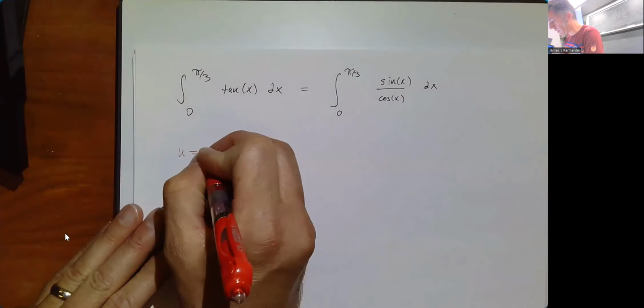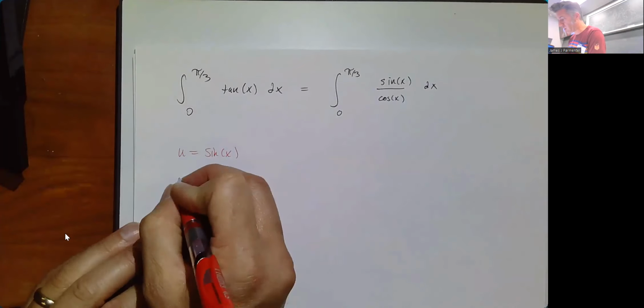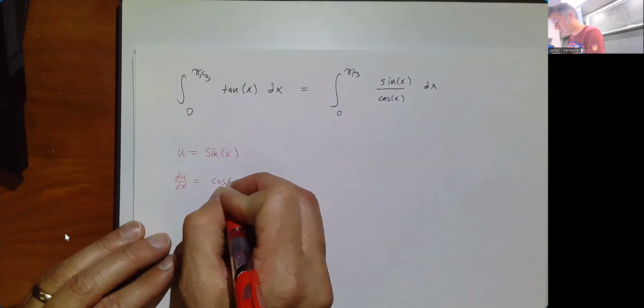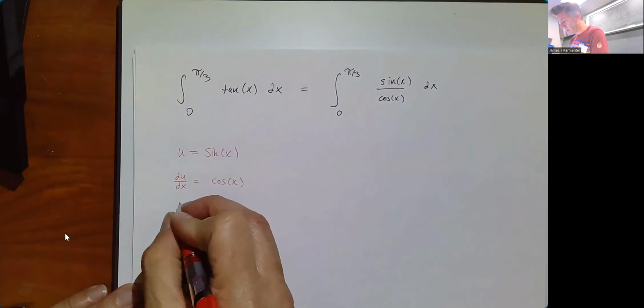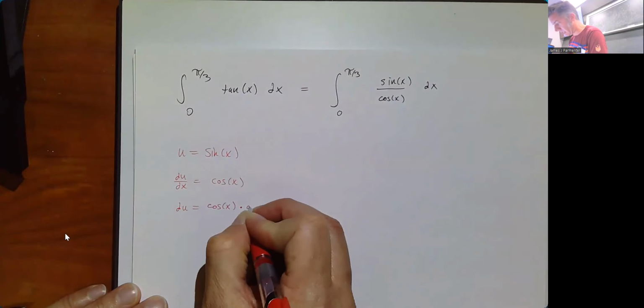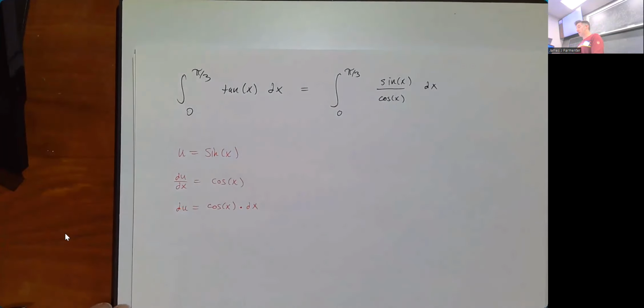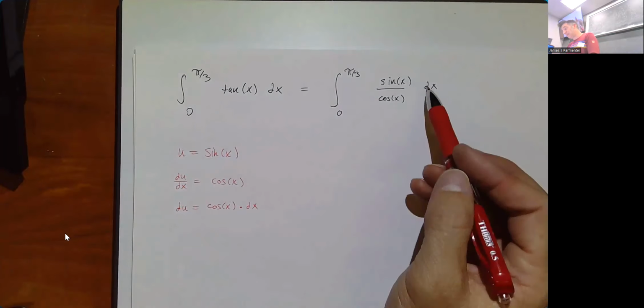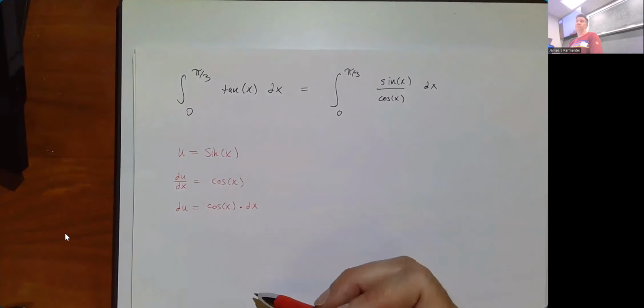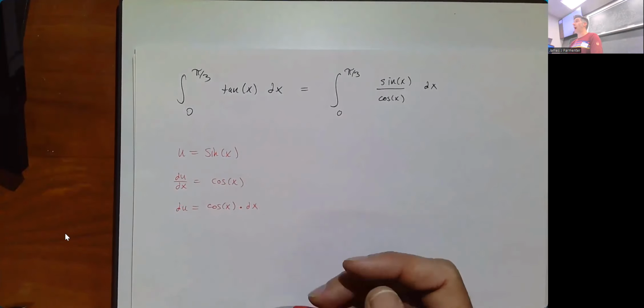If you pick u equal to sine, what's your derivative of sine? So let me point out that you have du equal to cosine of x times dx. Let me ask all of you, in my integral, do I have cosine of x times dx? I definitely do not.